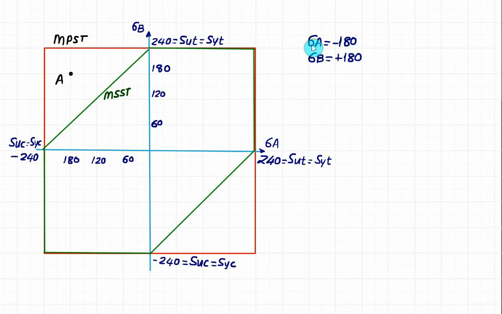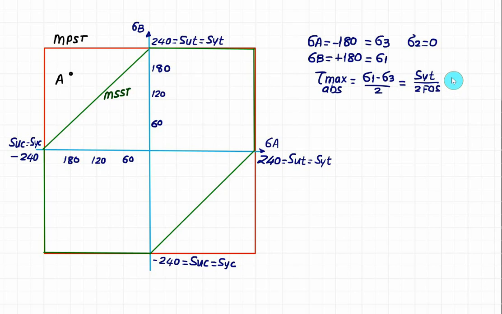One principal stress is minus 180, the other is plus 180. So I assign the positive value as sigma 1, the negative value as sigma 3, and make sigma 2 equal to 0. In this case, the maximum shear stress, in absolute value, is given by sigma 1 minus sigma 3 divided by 2, which equals SYT divided by 2 divided by the factor of safety.